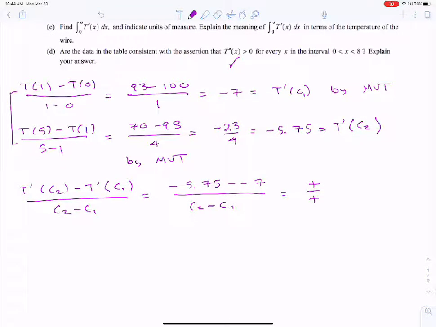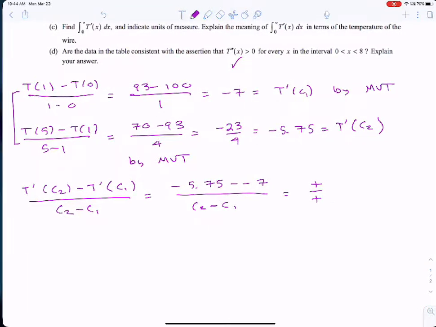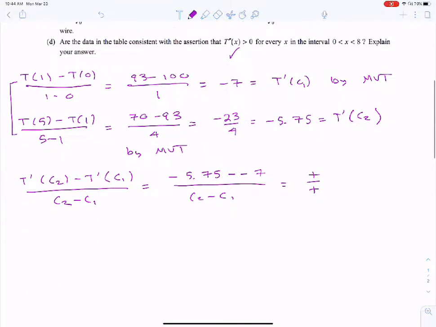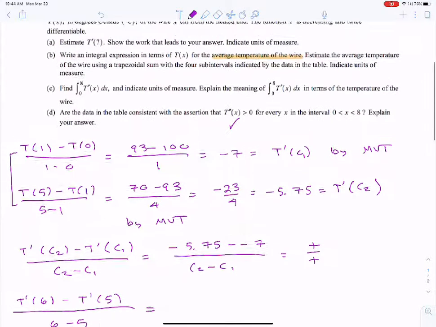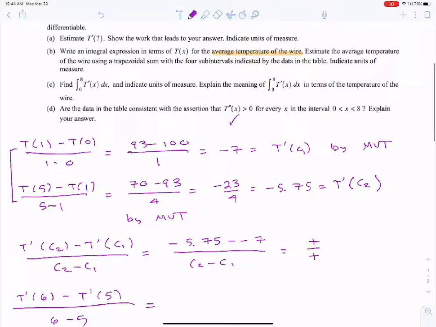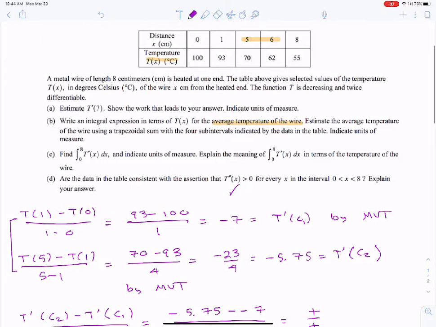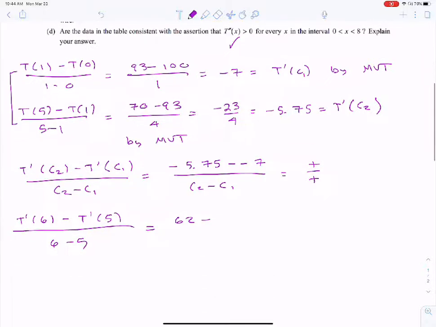So let's see, I just did T5, T1, so what's the next one that we have on here? It is T5 to T6. So I'm going to say T prime of 6 minus T prime of 5 over 6 minus 5 equals, so what are our values here? T prime of 6 is 62. T prime of 5 is 70.